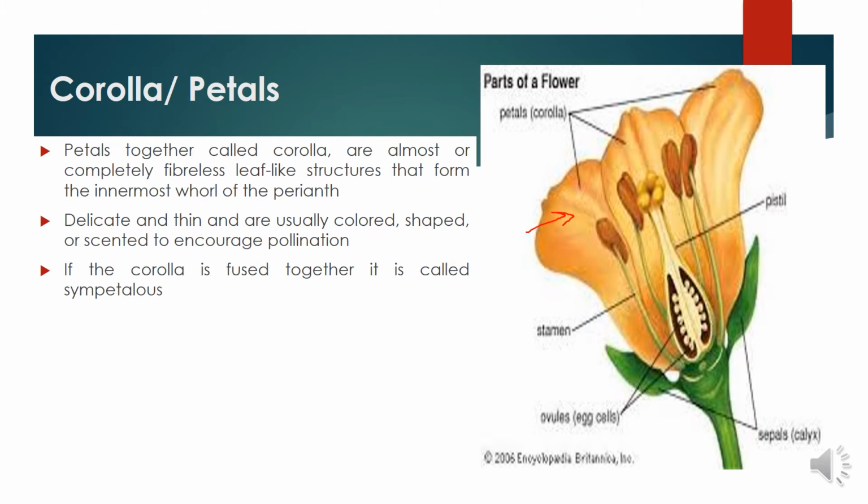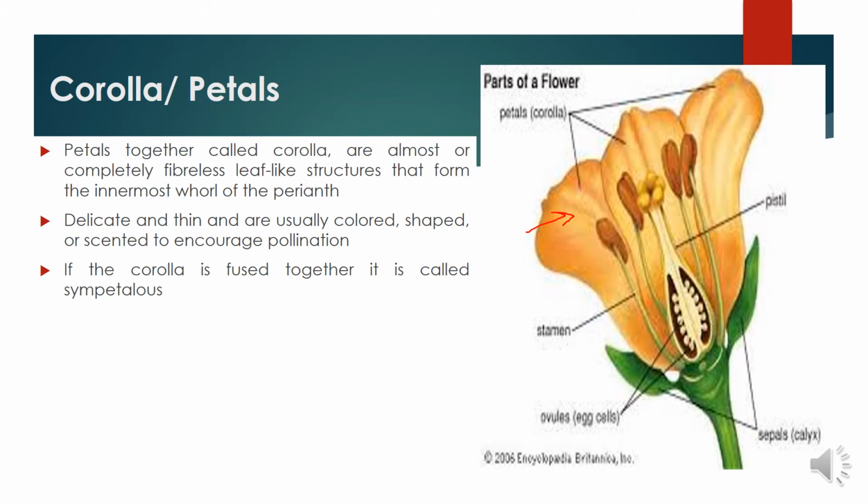Whenever we think of a flower, the first thing that comes to our mind is the colorful petals. But this color is mainly to attract the pollinator. Some of the flowers are not colored, they are white, especially the flowers that bloom at night. They have scent to attract moths and bats.